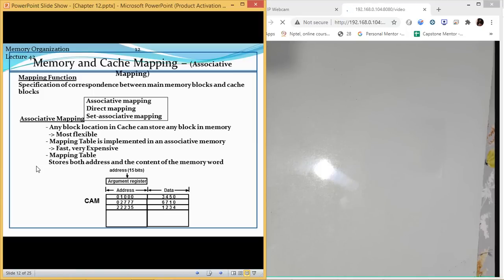What is it? We will discuss that. Then we have direct mapping, and the last one is set associative mapping. These are pretty simple, which we can understand without any problem. So let us first talk about associative mapping.